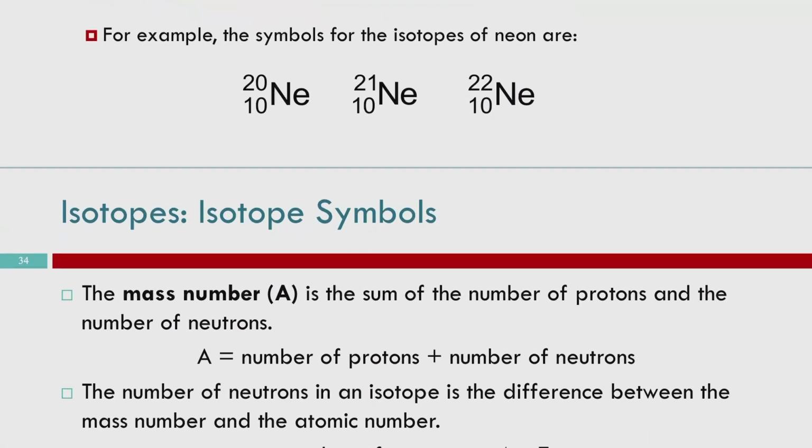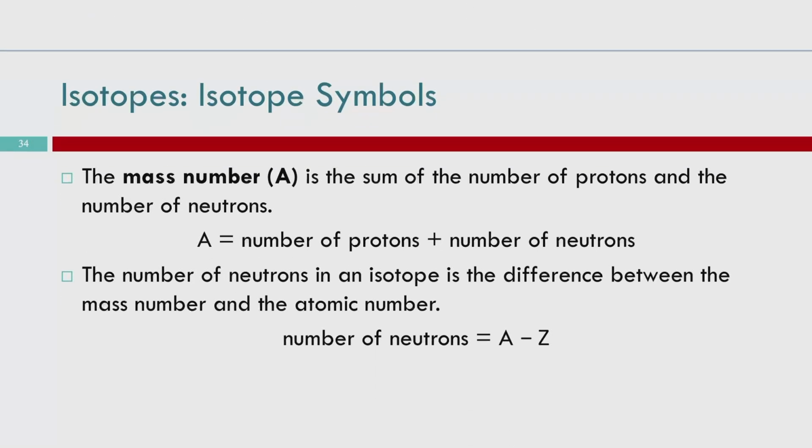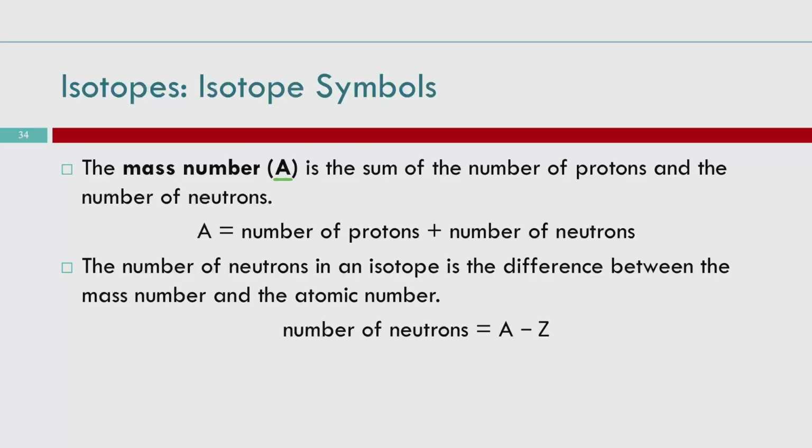So again, for our isotope symbols, that mass number, the number of massive particles, has the symbol A. Any guesses on what A stands for? Does anyone know where we get the letter A from, why we chose A?